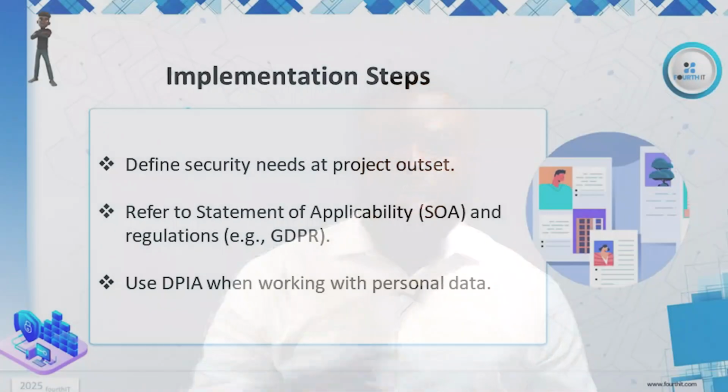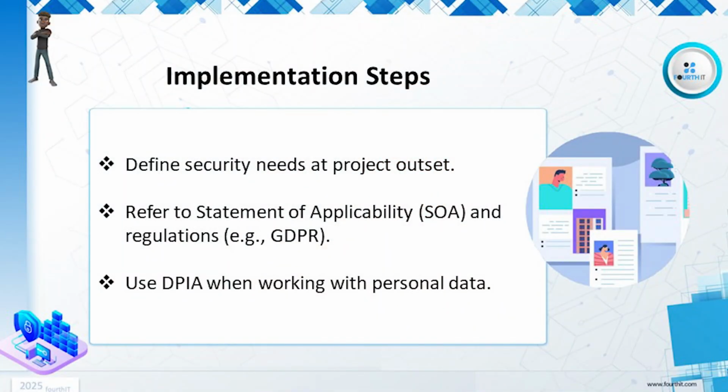Implementation. Now let's get into how you can implement this. The first thing you need to understand is your information security requirements at the outset of the project. This starts when you initiate the project and define a scope. The outset means at the beginning of the project, and the scope is the boundaries.